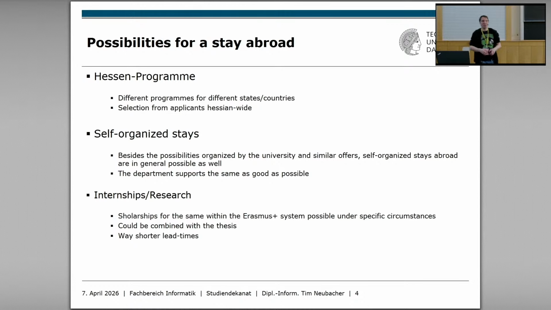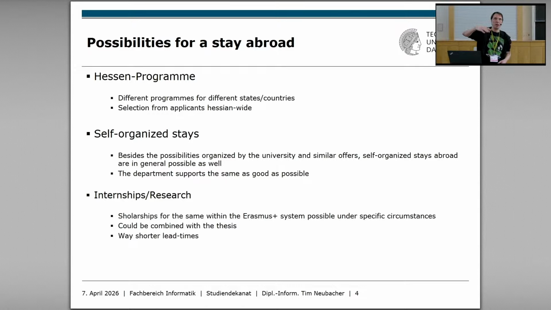Okay, and last but not least, staying abroad doesn't necessarily mean to extend the studies. You can gather different competencies, like, for example, international work competencies, just do an internship. There are several platforms, DAAD, for example, that's the German Exchange Association, Deutscher Akademischer Austauschdienst.